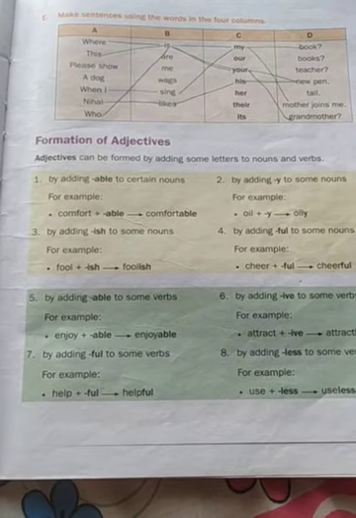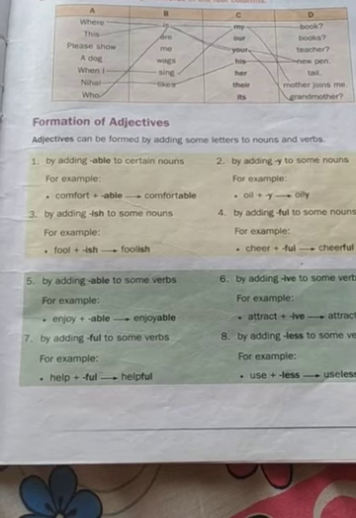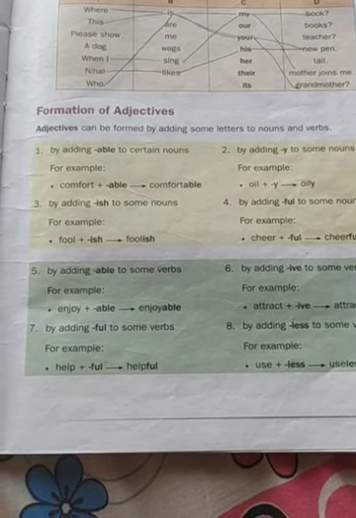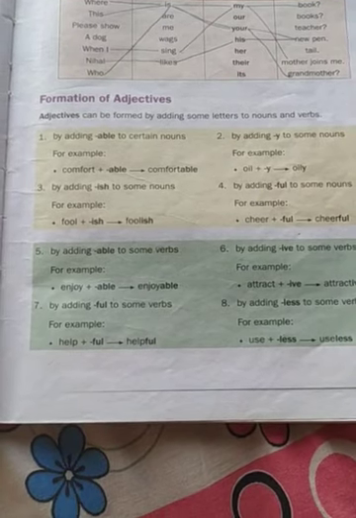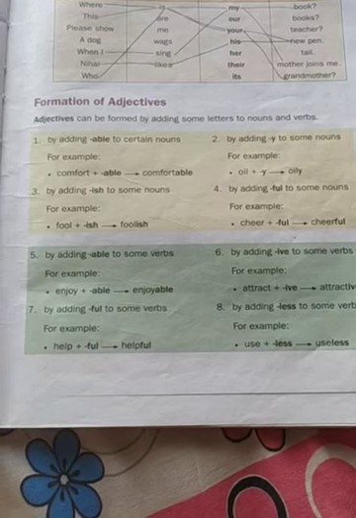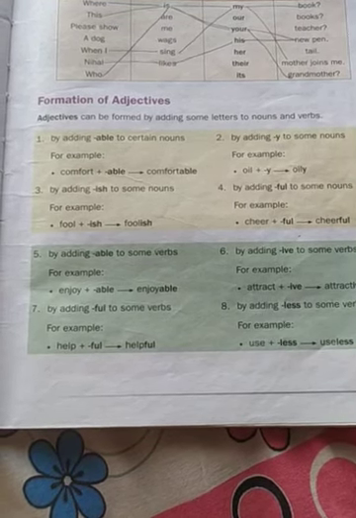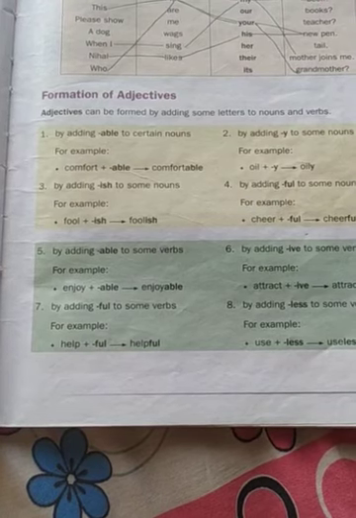Till here we saw the different kinds of adjectives. Now we'll see the formation of adjectives, how adjectives are formed. Here are some rules. Eight rules are there. Adjectives can be formed by adding some letters to nouns and verbs. The first one, by adding able to certain nouns.